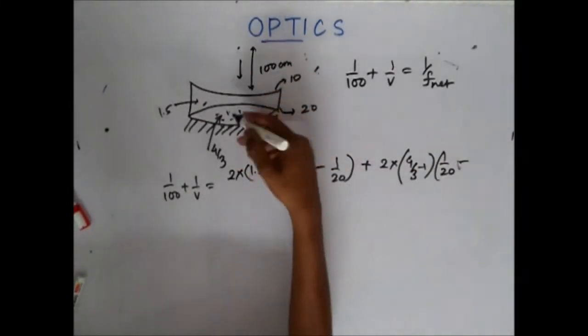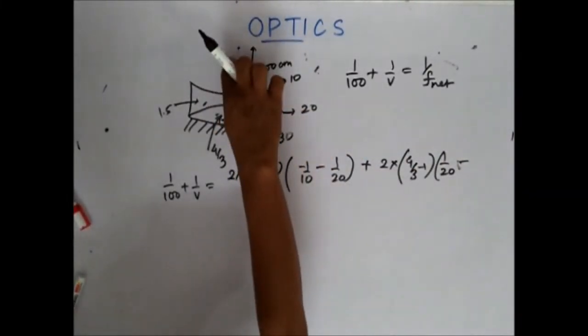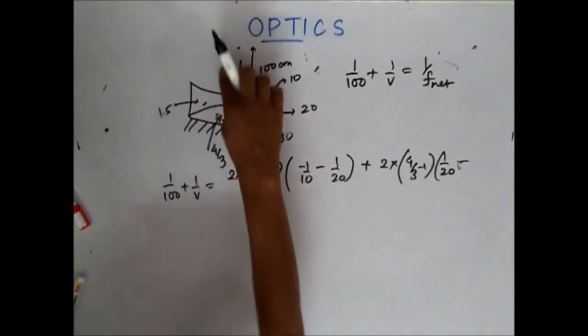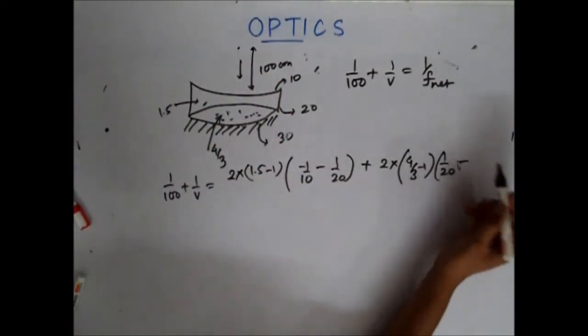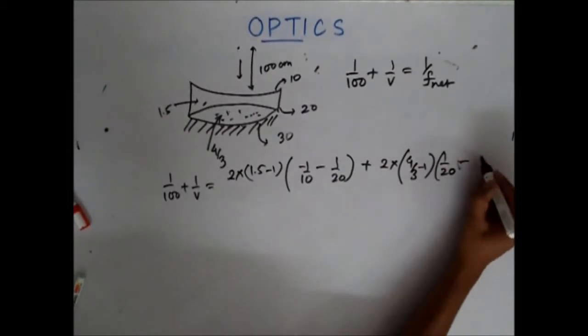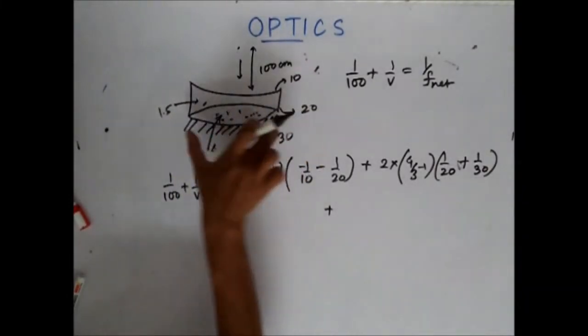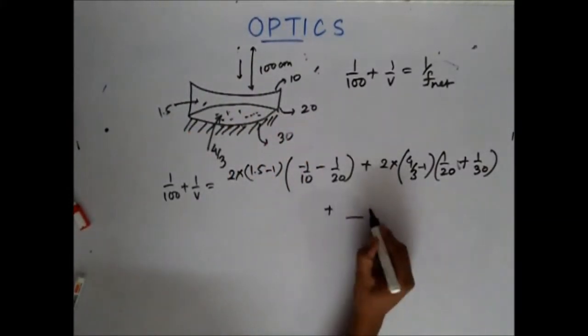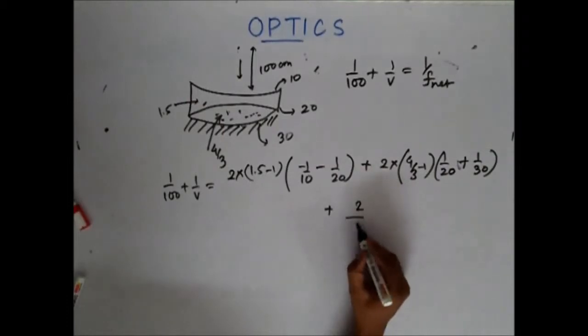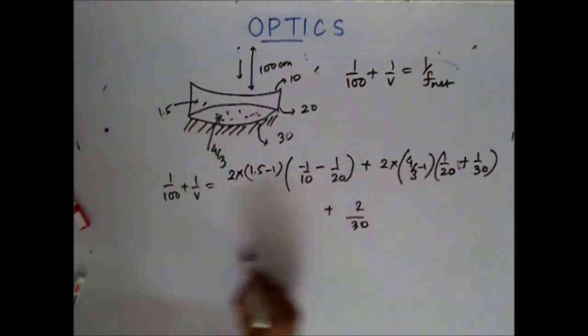R3 is what? Negative, because the radius of curvature is on this side, and the rays are traveling on this side. So it's 1 by 20 plus 1 by 30, plus the focal length of this mirror. The focal length of this mirror is 2 by the radius of curvature, which is 30. So this is my equation.